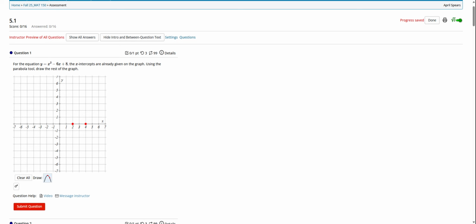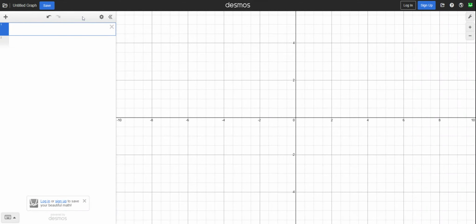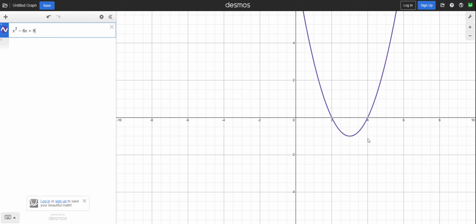Notice 3, negative 1, 4, 0. Those are your 2 points that you're going to graph.